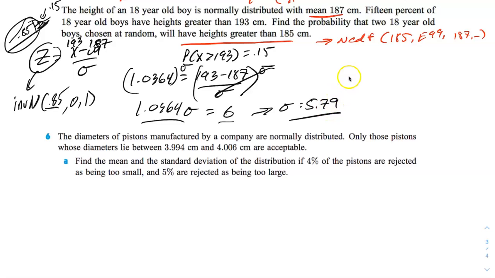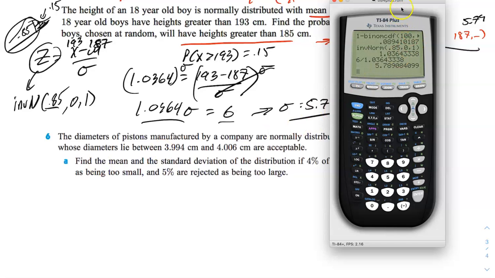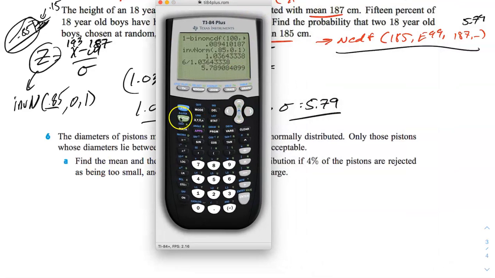Okay, now that I have that, now I can find the probability that you will have a height greater than 185. Now that we figured out what the standard deviation is, you can plug it into this equation to find out the probability you're greater than 185. So I have to go back here, do a normal CDF.